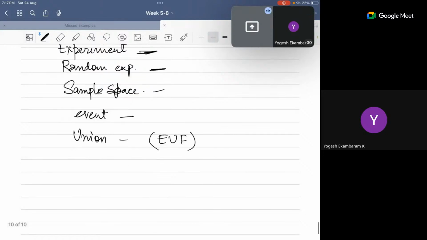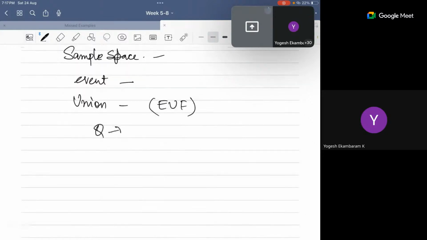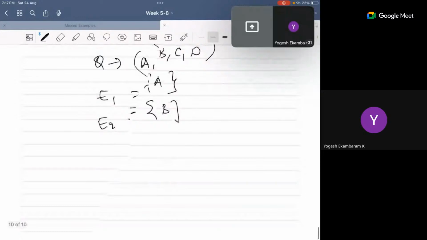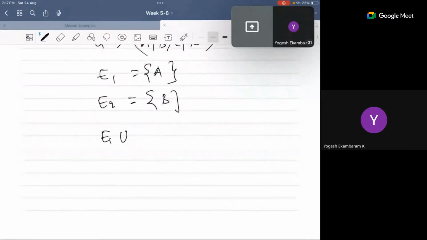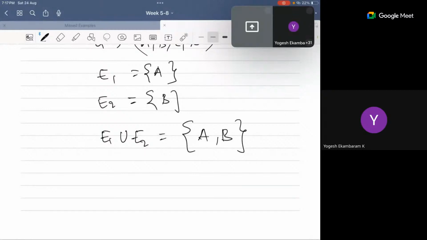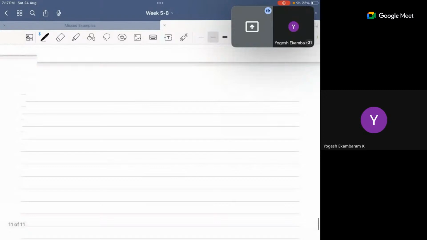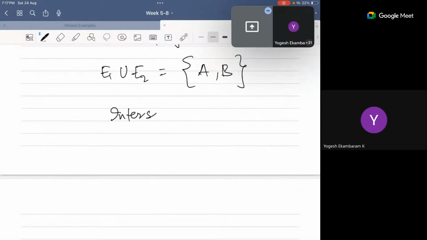For example, if there is a question with answers A, B, C, D, event one is guessing answer A, and event two is guessing answer B. So E1 intersection E2 is guessing answer A and B. Intersection you are also already aware of. So these are all Venn diagram concepts.